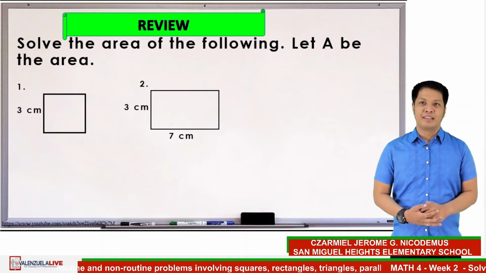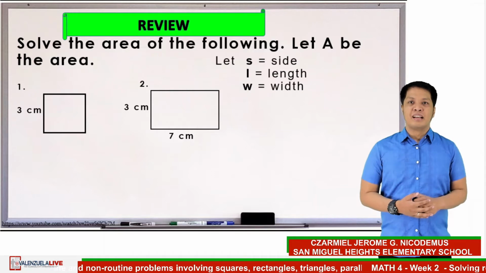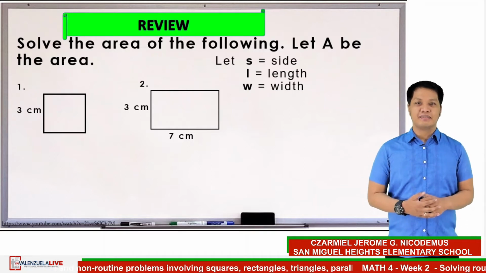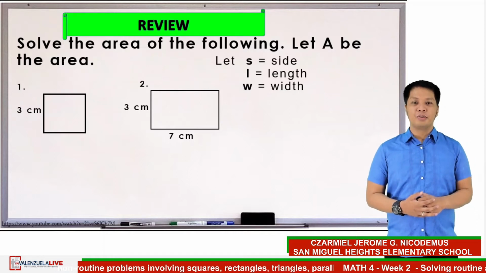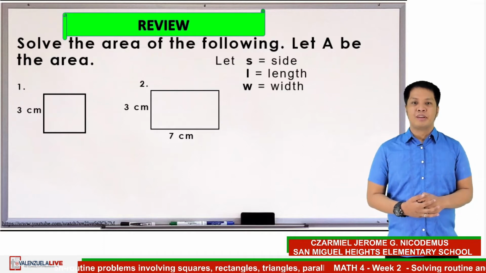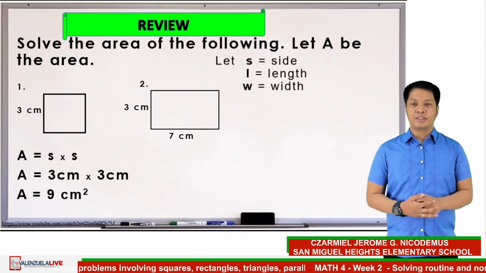Number 1, let A be the area, let S be the side, let L be the length, and let W be the width. So number 1, the side of the square is 3 centimeters.